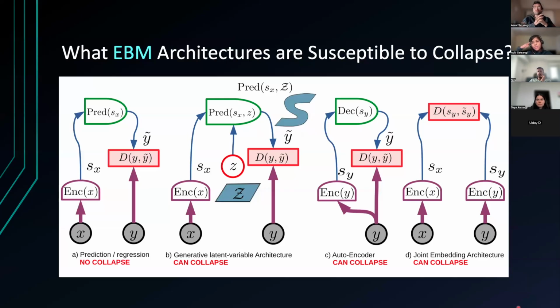Yeah, for the models that have latent variables, if that latent variable has a lot of informational capacity, what it will do is memorize the data instead of getting representations from the X encoder.